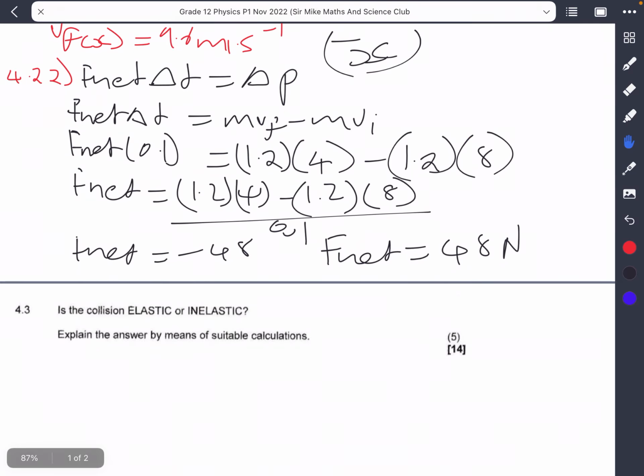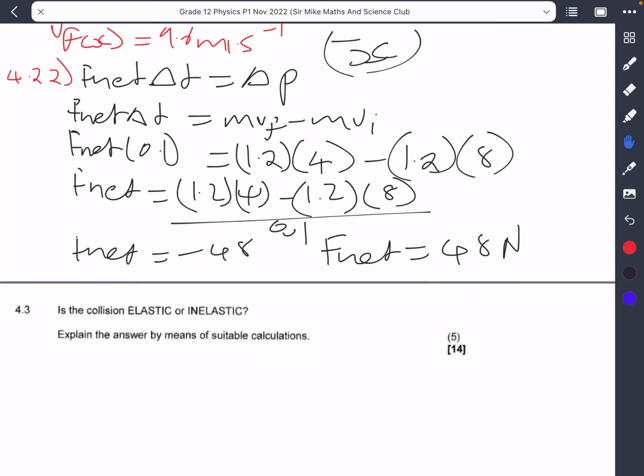They're asking: is the collision elastic or inelastic? We're supposed to prove whether a collision is inelastic or elastic. What you would do is calculate the sum of the kinetic energy of the system before collision, and the sum of the kinetic energy after collision. If you find that the sum of the kinetic energy before is equal to the sum after collision, then this is an elastic collision.